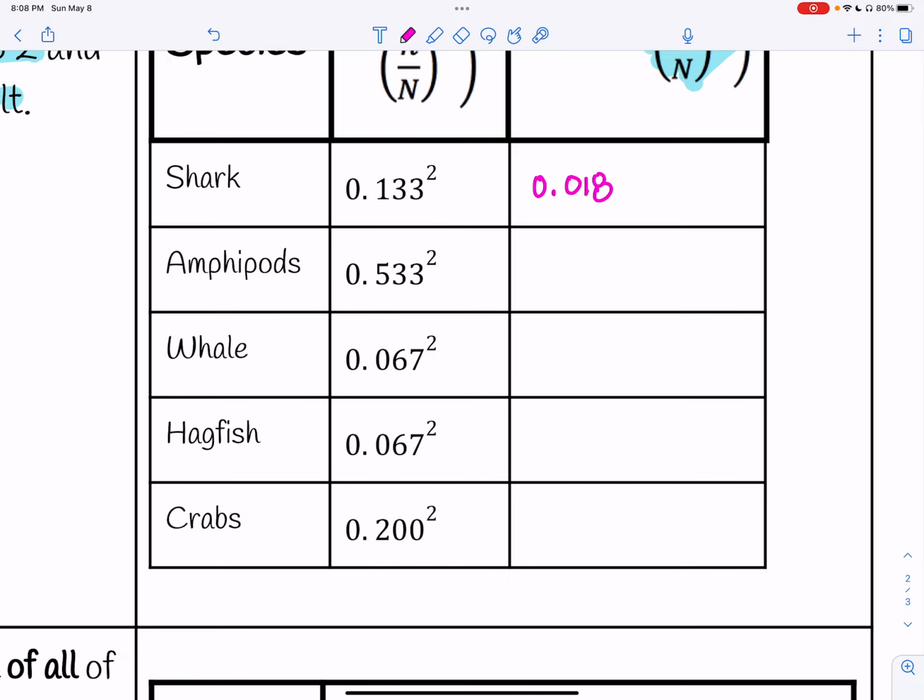For the amphipods, 0.533 squared is 0.284. The whale and the hagfish will have the same value. 0.067 squared is 0.004. And then your crabs, 0.2 squared, 0.040.